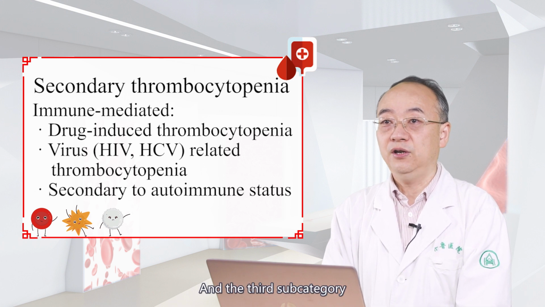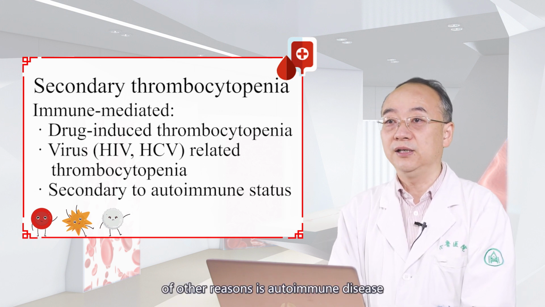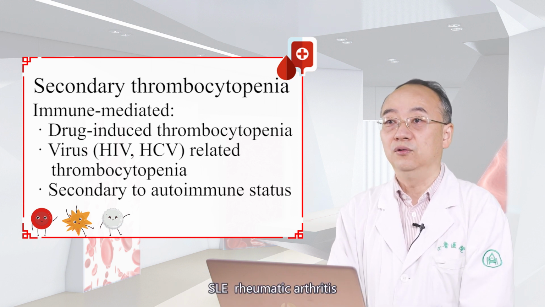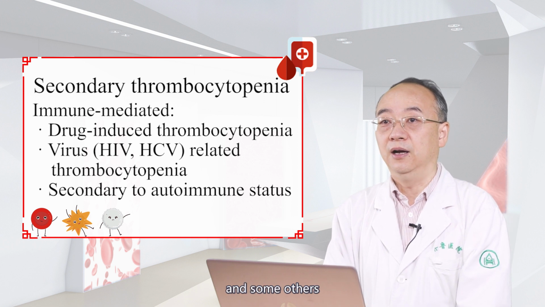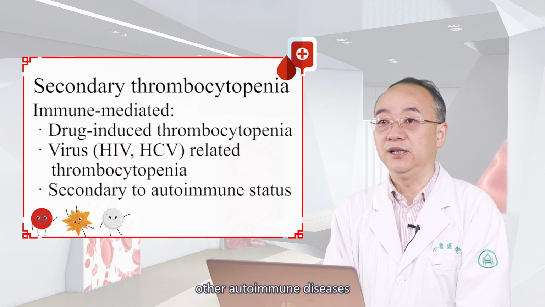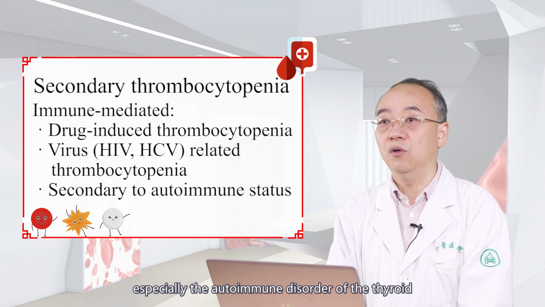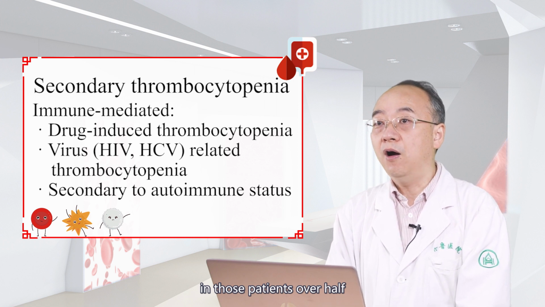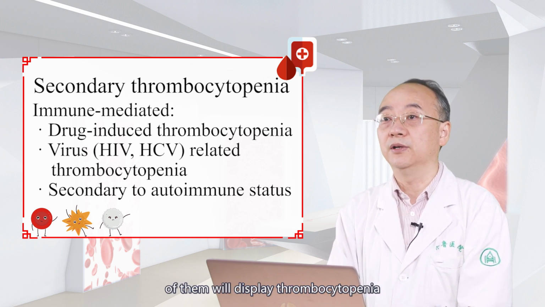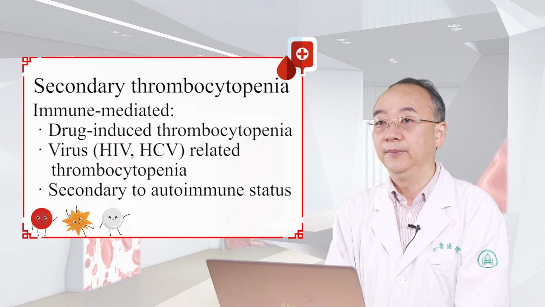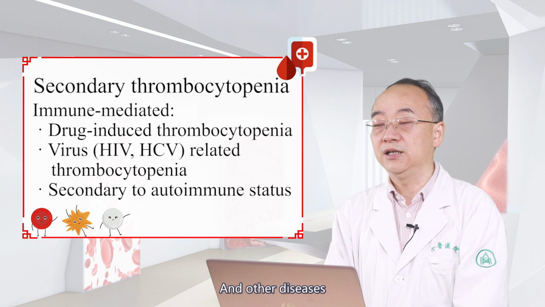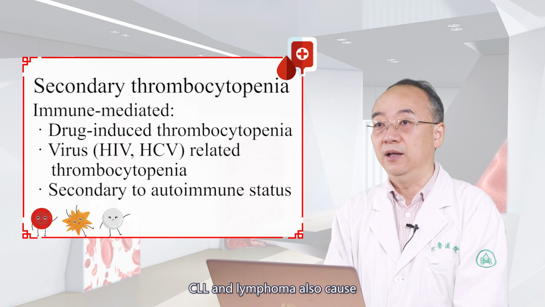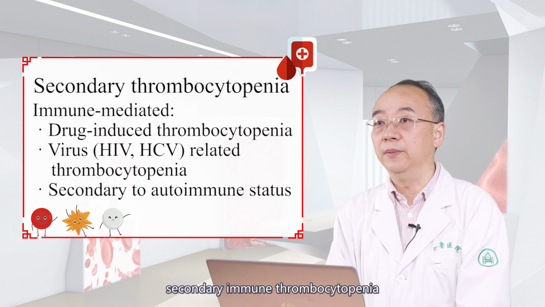The third subcategory of other reasons is autoimmune disease, for example, SLE, rheumatoid arthritis, and some other autoimmune diseases, especially autoimmune disorders of the thyroid. In those patients, over half will display thrombocytopenia, sometimes very severe. Other diseases, for example lymphoproliferative diseases, CLL, and lymphoma, also cause secondary immune thrombocytopenia.